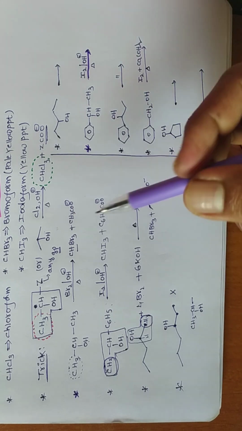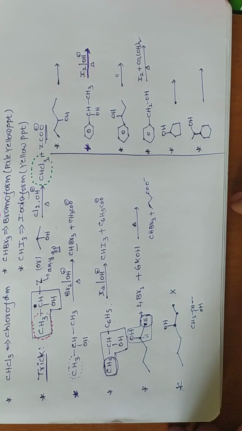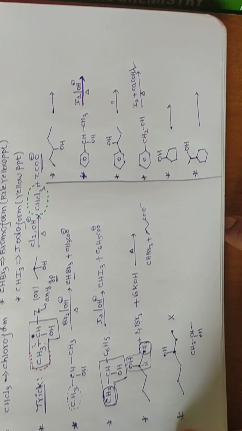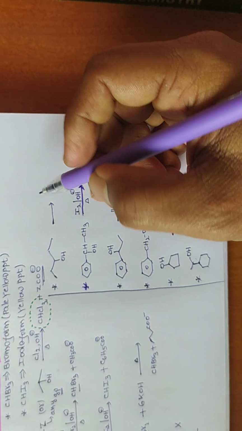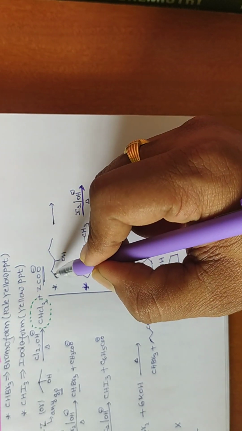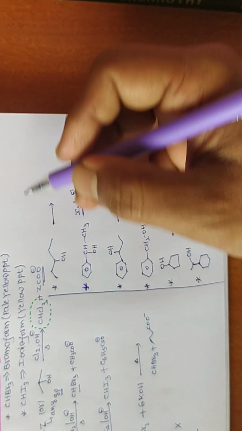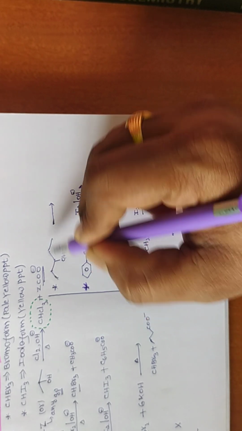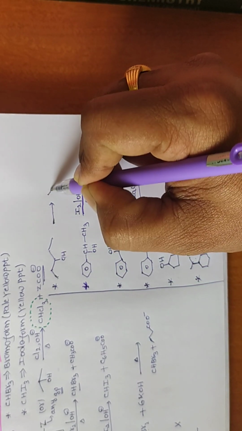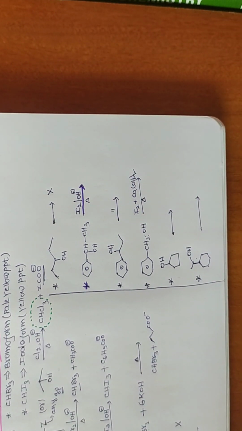Next, will this give the haloform test or not? Now CH3CH2CHOH, no, this group is not present, so therefore it will give a negative test.